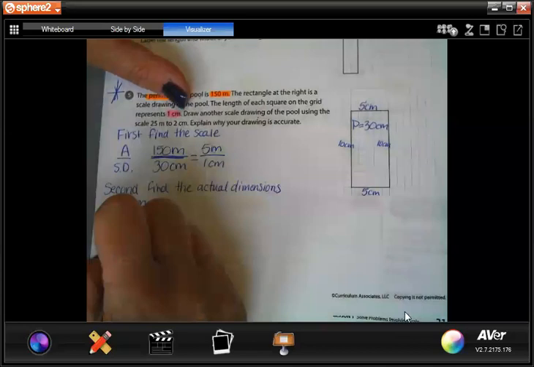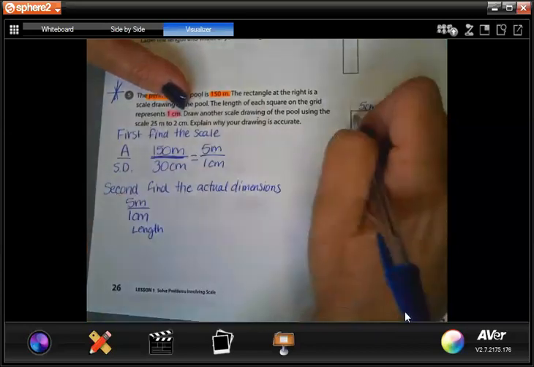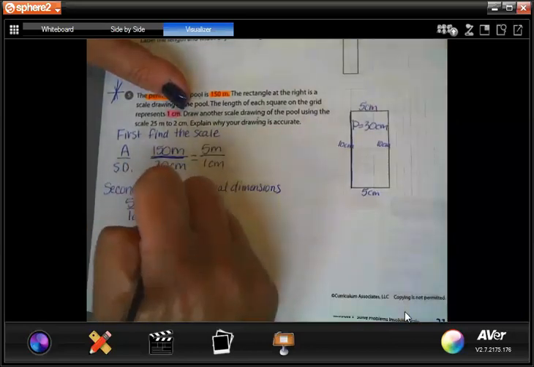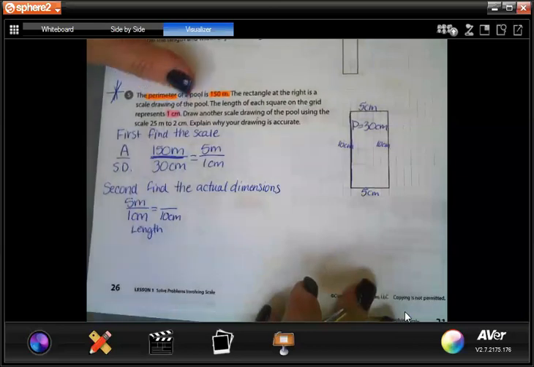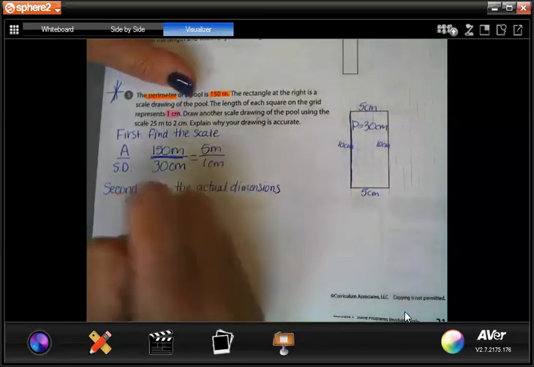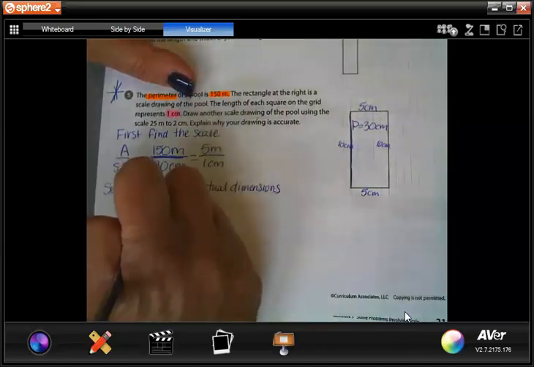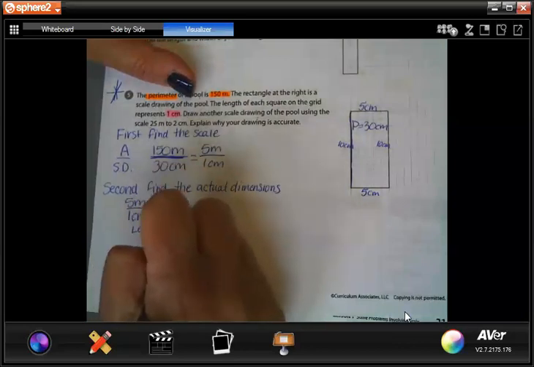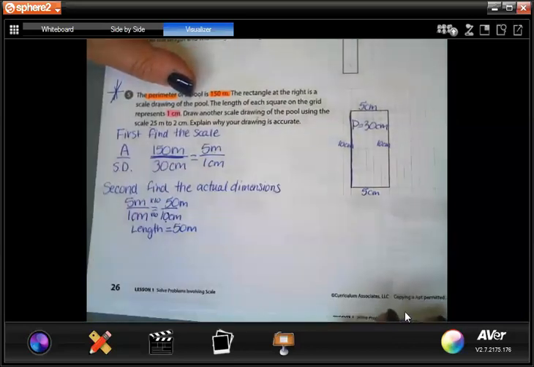We're going to find our length first. The length is right here, and our length is 10 centimeters. So 1 times what is 10? 10. So whatever I do here, I do here. So that becomes 50 meters. So our length is 50 meters.